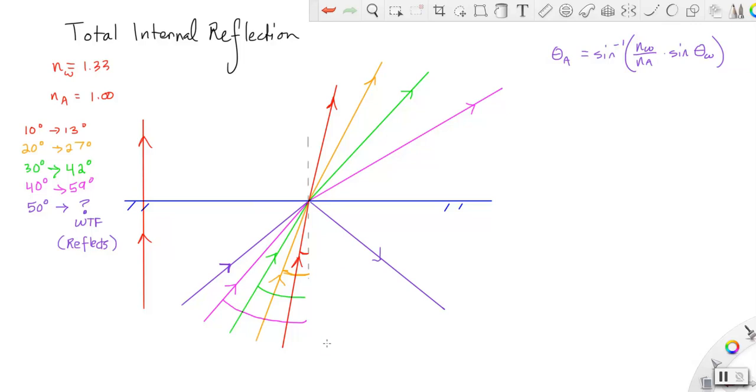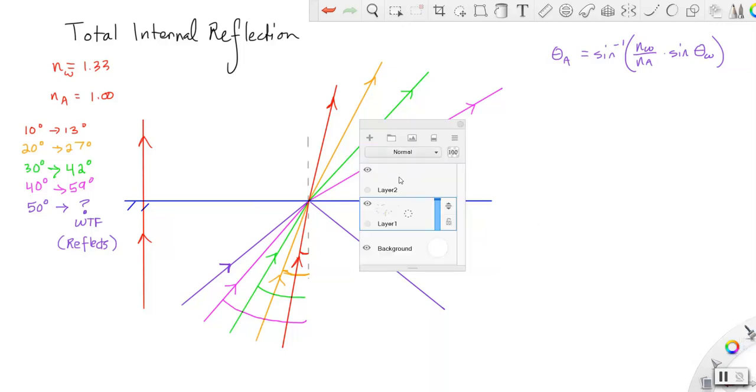So this is an interesting effect and is actually pretty useful in lots of different aspects of how light behaves in everyday life. For instance, let's go to a different screen here.